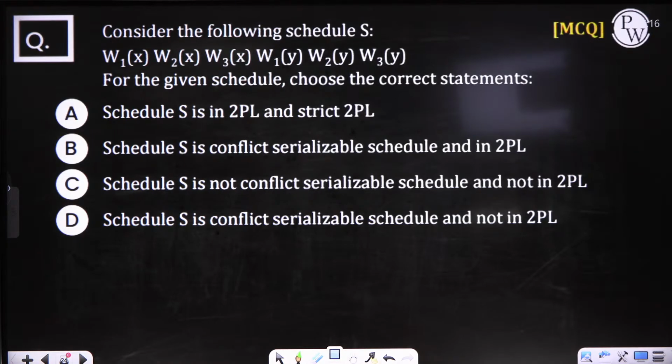What is the correct answer for this one? Mohammad Kaif. Wrong, बेटा. Gaurav, Kajal, Mohammad Kaif, wrong.